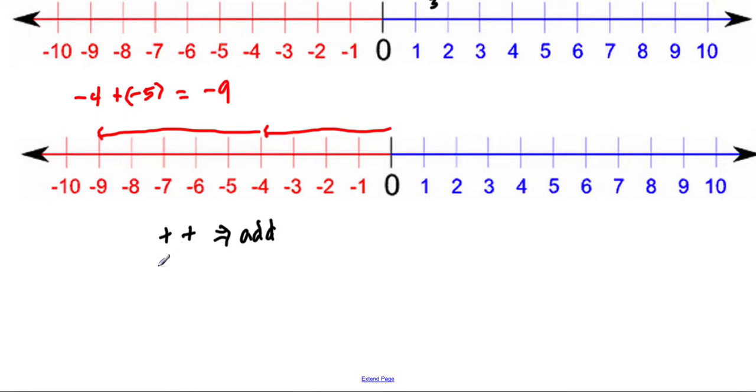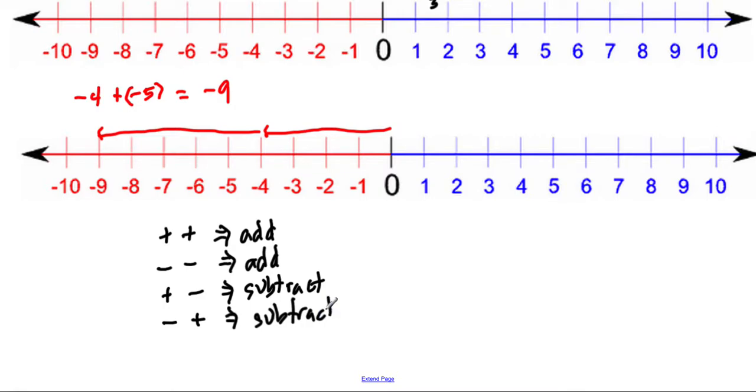When you're adding two negative integers, you're still adding the integers, and you're keeping the sign negative. But now when you're adding a positive and a negative, you subtract the integers and keep the sign of the higher number. And in the same manner, when you're subtracting a negative integer and adding a positive integer, you are also subtracting.